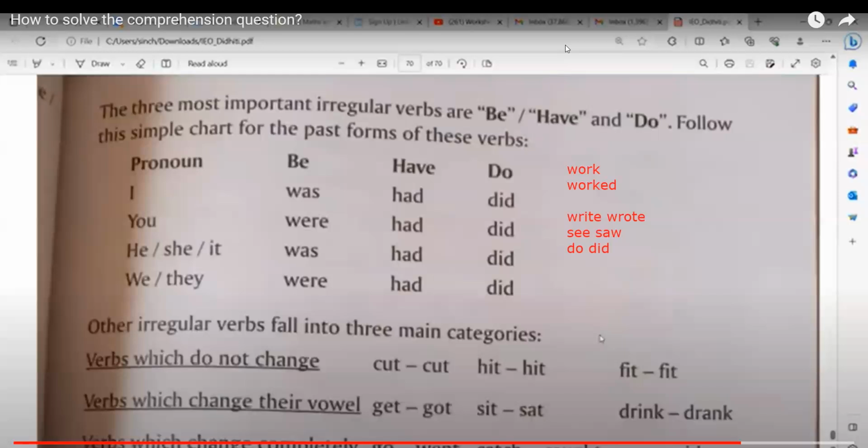Okay. This is a present tense. Can you tell me a sentence in the past tense using cut? Ma'am, he had cut apple in the yesterday dinner. We had cut an apple in yesterday's dinner.